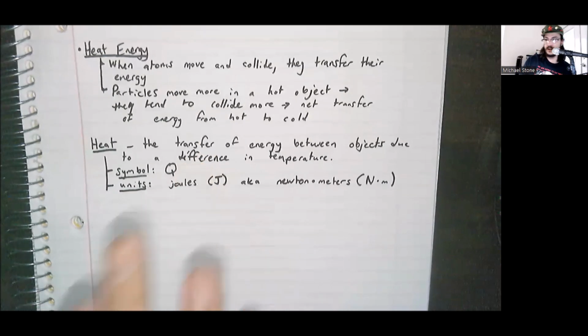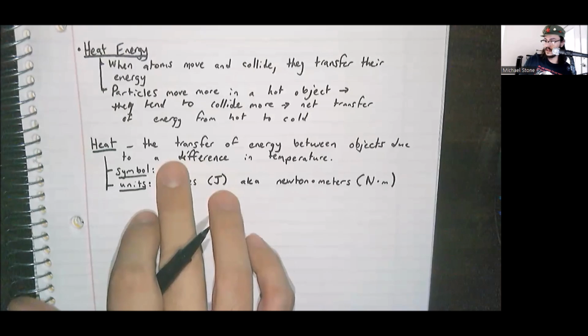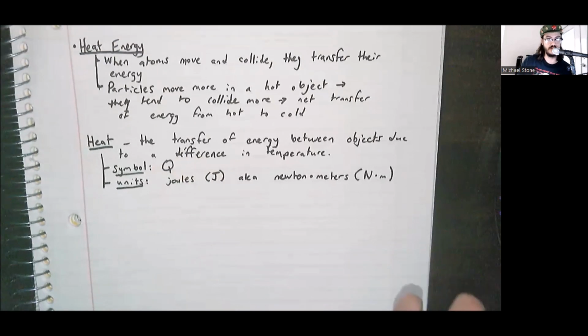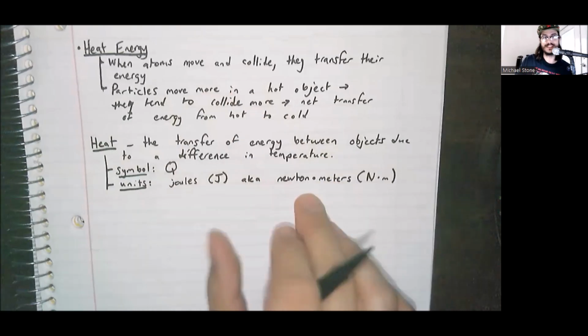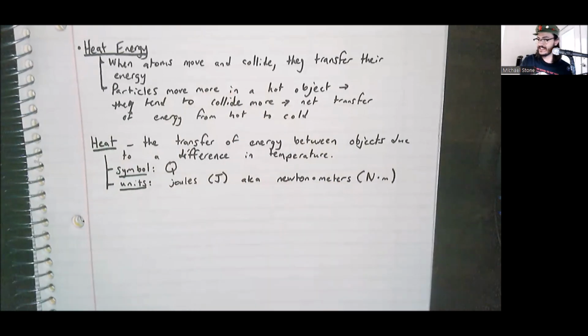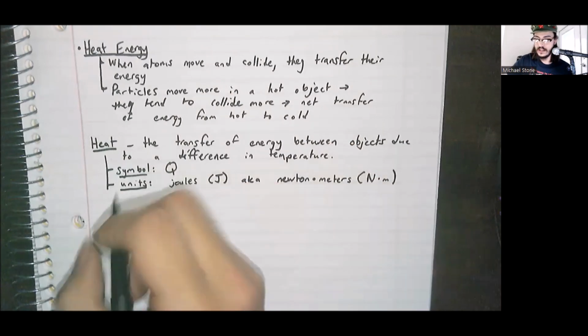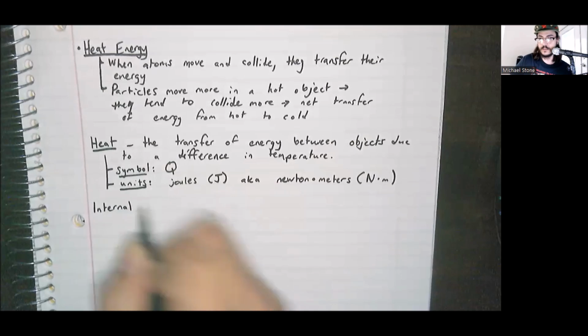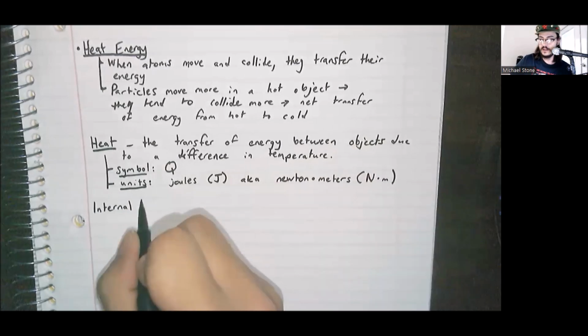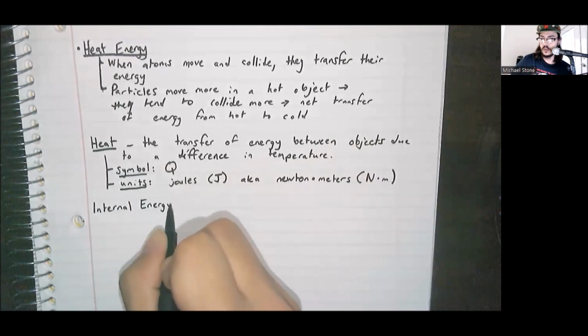So it would not be correct to say that this sample has 3,000 joules of heat. Heat is gained or lost. Instead, you would say that it has 3,000 joules of internal energy if it's just sitting there by itself, not transferring it.